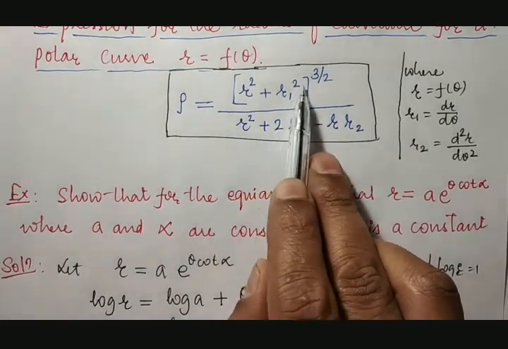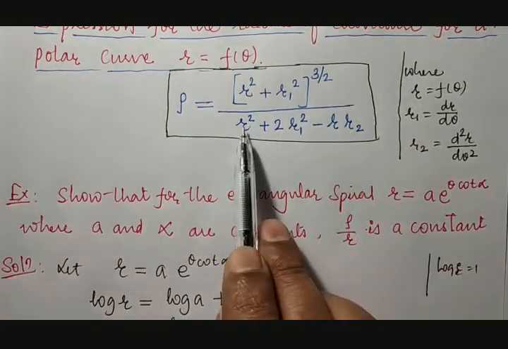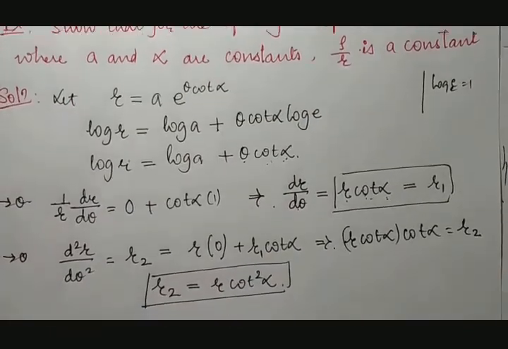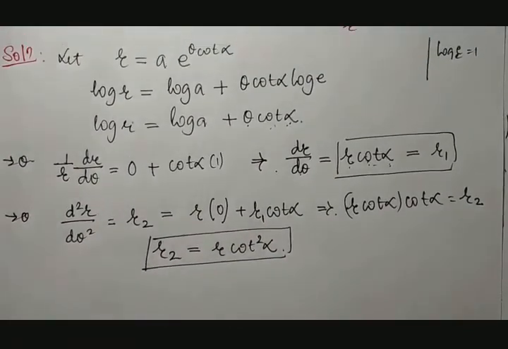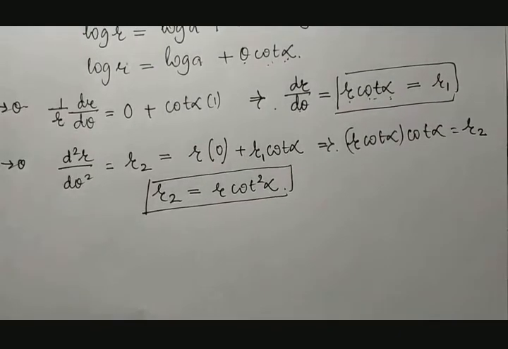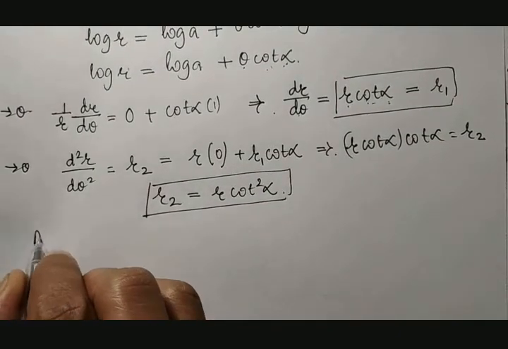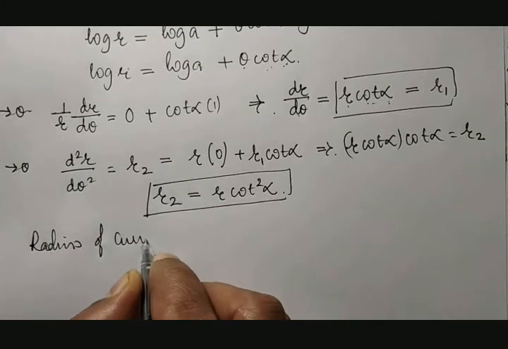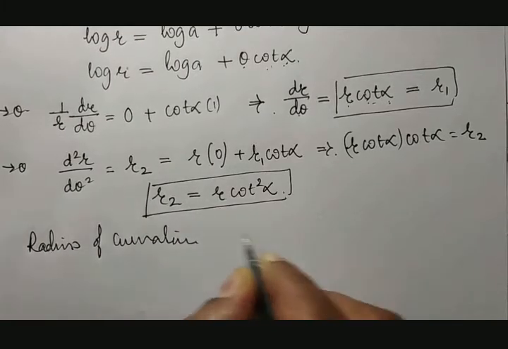Then what is the expression for radius of curvature? r square plus r1 square raised to 3 by 2 divided by r square plus 2 r1 square minus r into r2. Fine. Therefore, let us consider radius of curvature in polar.